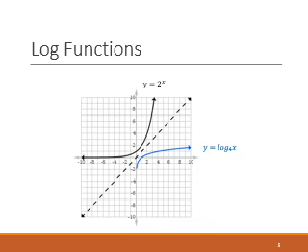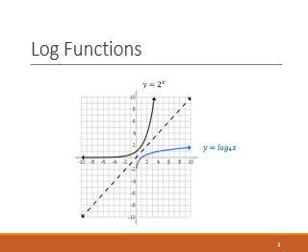Now, here's the graph of log base 4 of x, and again, you might want to confirm that the points on the blue graph match the table that we showed you a little while back. But notice that this graph, this blue graph, is not symmetrical across the diagonal line y equals x compared to the black graph.